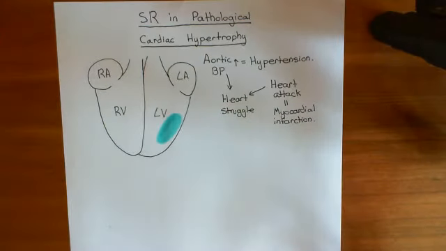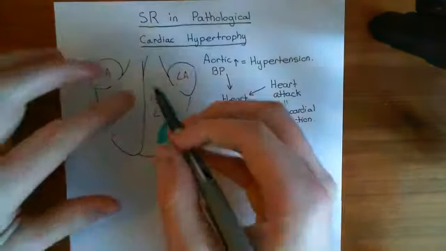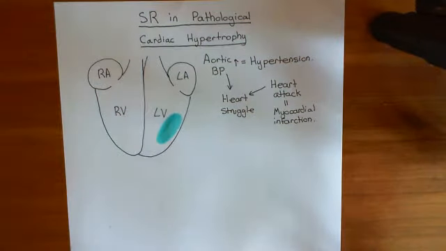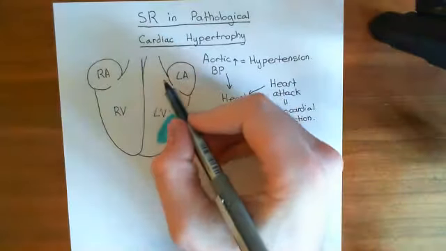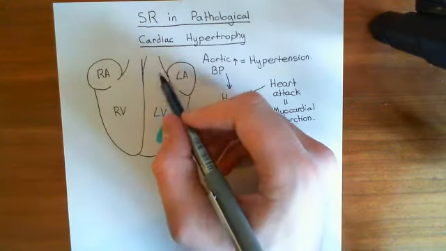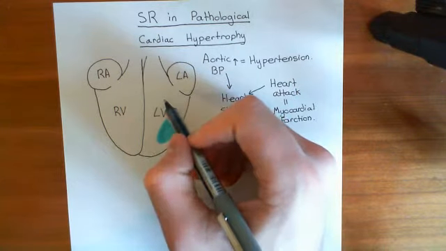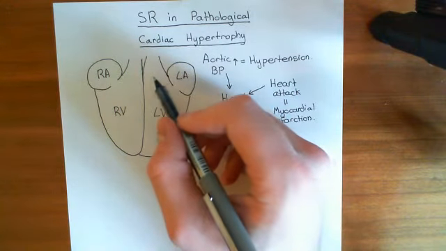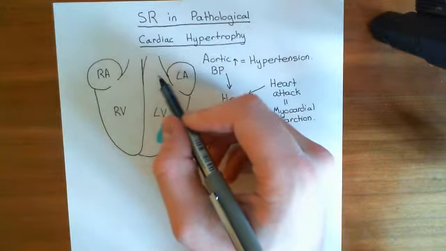Now, when the left ventricle struggles to expel the blood into the aorta, what's going to happen? Well, basically, the stroke volume, which is the volume of blood that is expelled into the aorta every time the left ventricle contracts, is going to be lower. So stroke volume will go down.